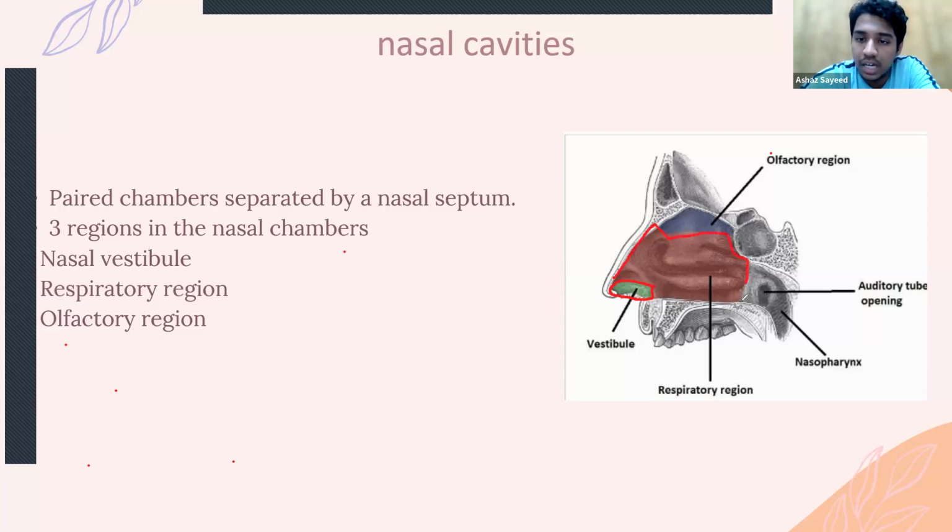It's much bigger and it's deep into our heads, so we can't really see it. The olfactory region, we are not seeing it. It's even deeper than the respiratory region. So if we look into our nostrils, you get to see the vestibule. And the nasal septum is just this thing.